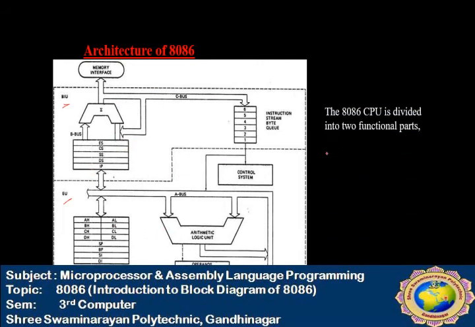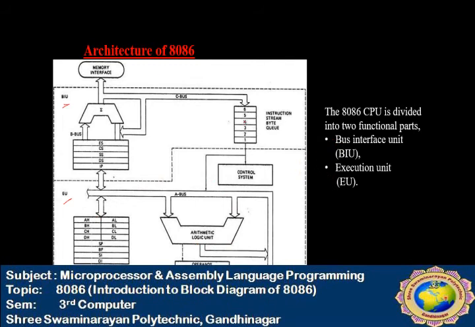The CPU is divided into two functional parts: the Bus Interface Unit, BIU, which is the dotted or upper portion, and then the Execution Unit in the lower portion. We will discuss each section separately.